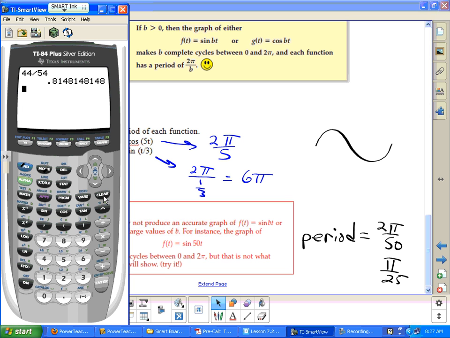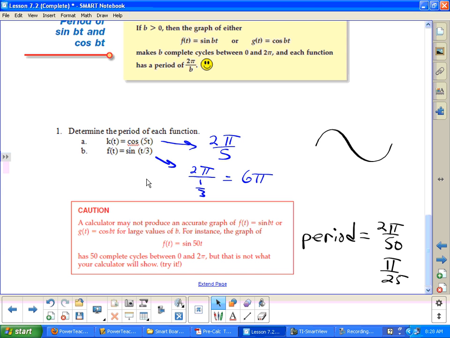If I do pi divided by 25, that's how long each period is, 0.1256. So if I change my window to pi divided by 25, now I can see one cycle. So that is definitely compressed by 1/50.